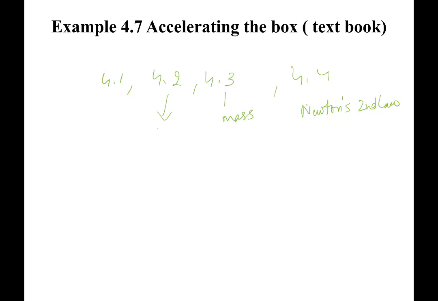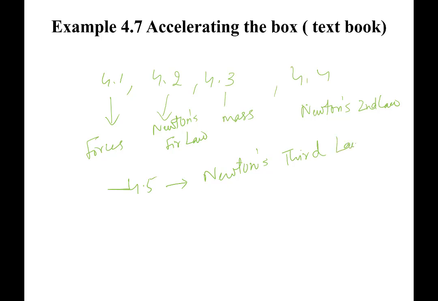And 4.5 is Newton's third law: to every action there is an equal and opposite reaction. Go ahead, you have a lot of catching up to do on the work.